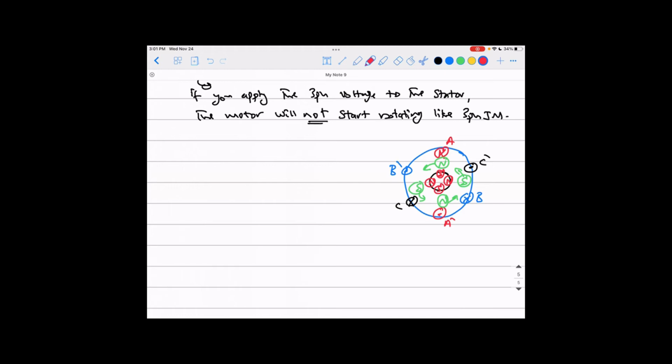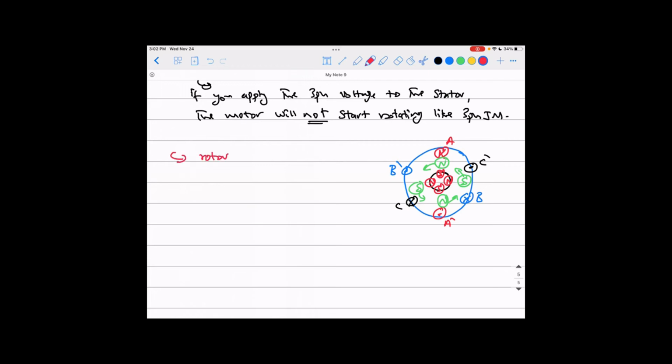The rotating magnetic poles only come if you have three-phase winding fed from a three-phase supply, like the three-phase induction motor. But the rotor of the synchronous machine does not have this. It is not a three-phase winding. It's just one DC winding, and it's not fed by three-phase AC supply. It's fed by DC supply, okay?